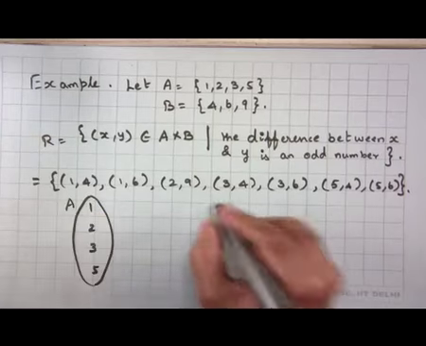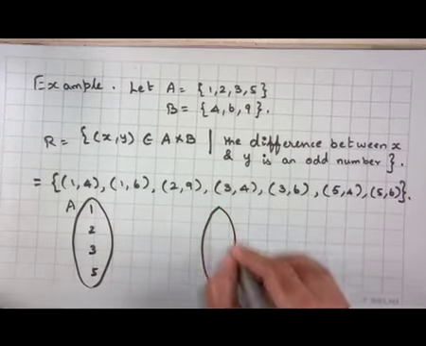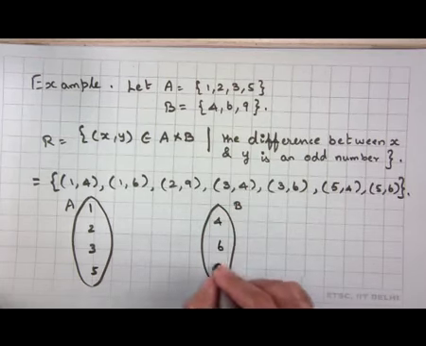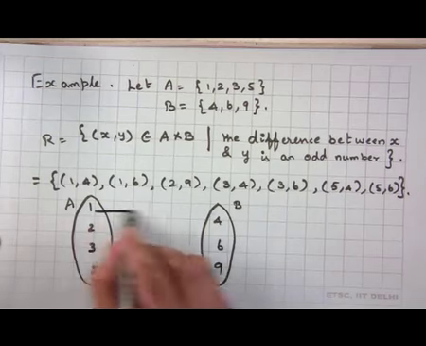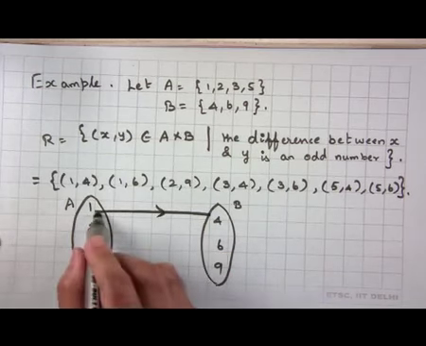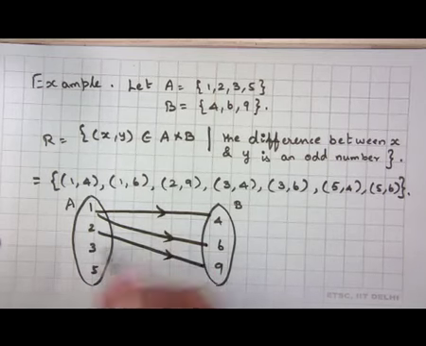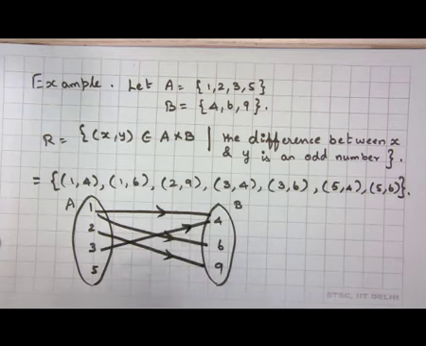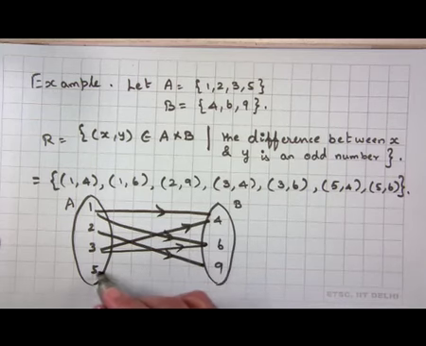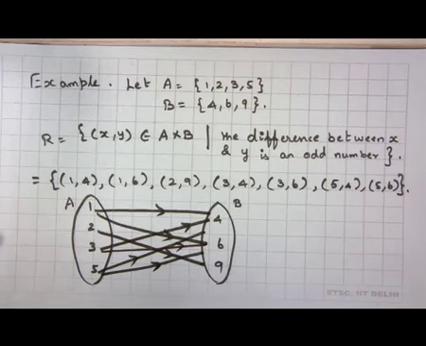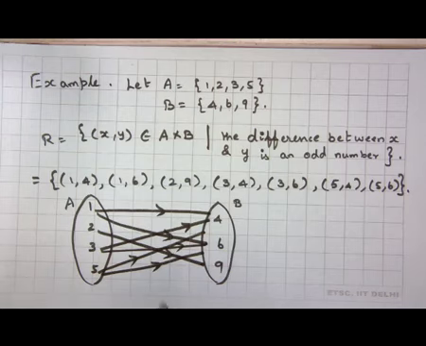This is our set A. On the other hand, we have the set B. Now, 1 is related to 4, 1 is related to 6, 2 is related to 9, 3 is related to 4, 3 is related to 6, 5 is related to 4, and finally, 5 is related to 6. So, these are the only relations that we have between the elements of A and the elements of B.